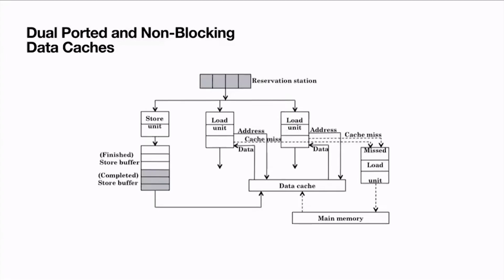If we consider dual ported non-blocking data caches, it will be something like this. If you want to process multiple loads simultaneously, I can consider multiple pipelines for the loads. Stores are not that critical, so we'll use one pipeline unit for that, but typically 2 units for the loads. Basically here, I'm going to process 2 load requests simultaneously in each cycle.